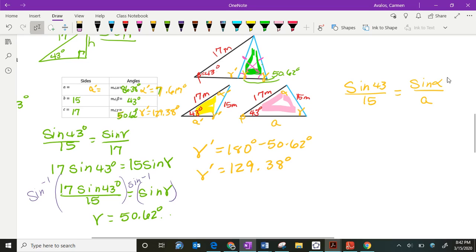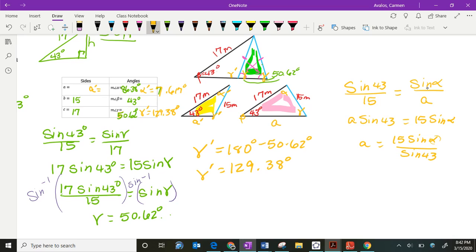So hopefully you stored this into your calculator, and then we do the cross multiplication. And then we solve. A is equal to 15 sine of alpha, which should be stored in your calculator again, over sine of 43.